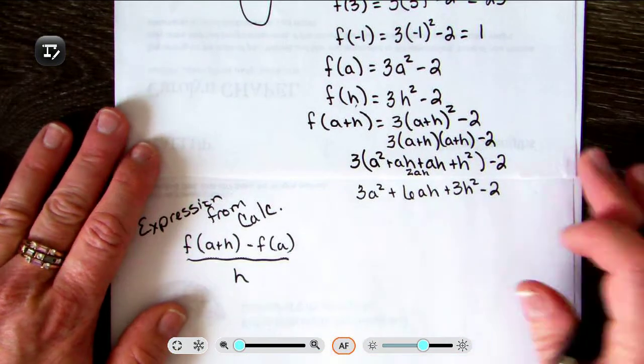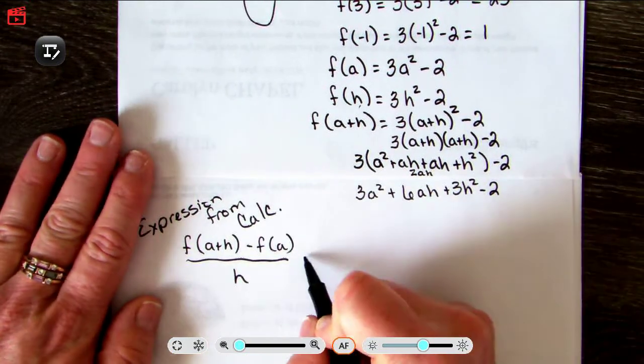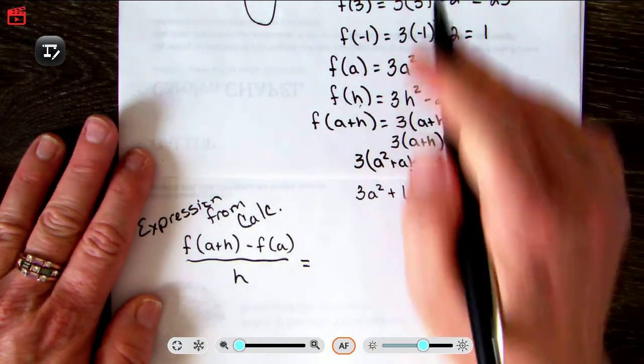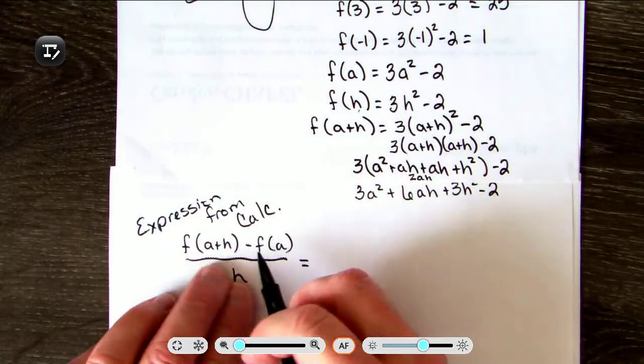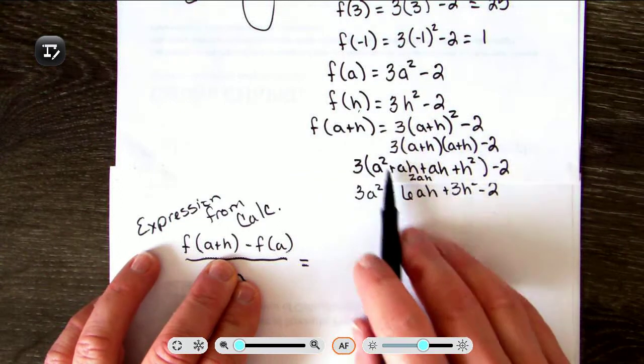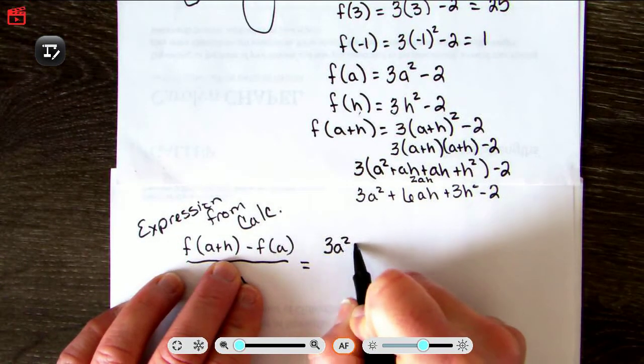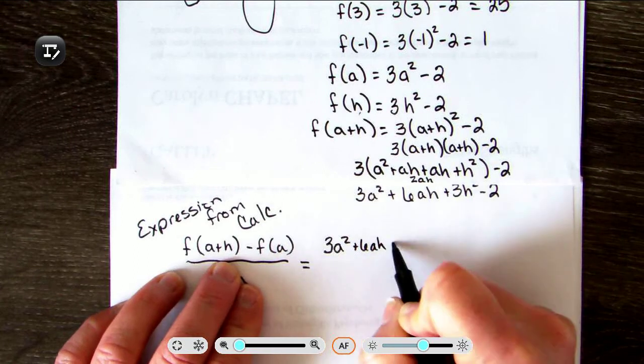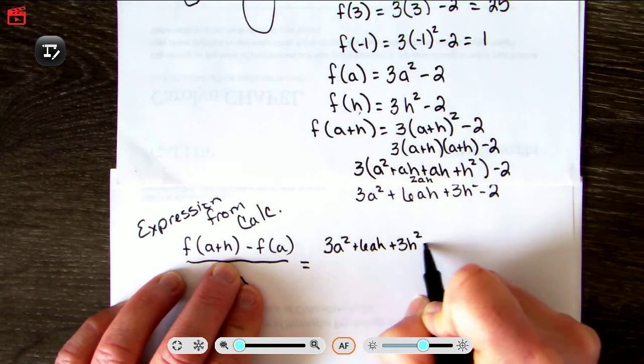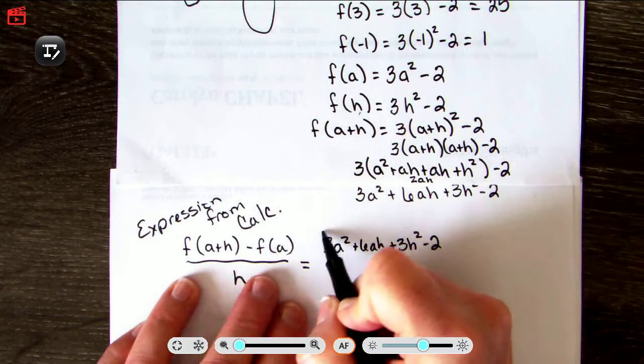So this is the expression that we see in calculus. But we need to simplify this. So if this was my function, the one we're still working with, f of a plus h, well, we just calculated that. That was this 3a squared plus 6ah plus 3h squared minus 2. That was this piece.